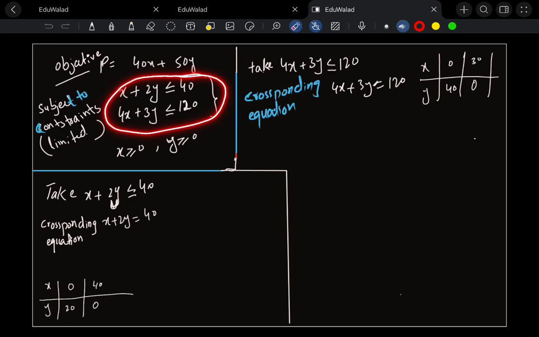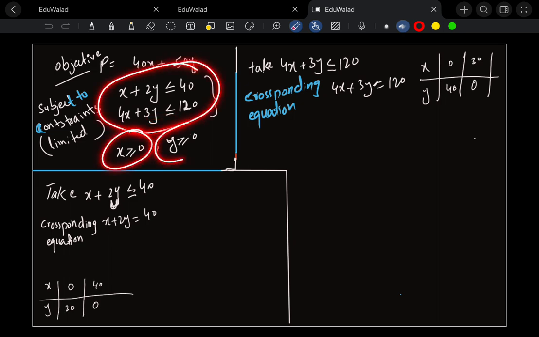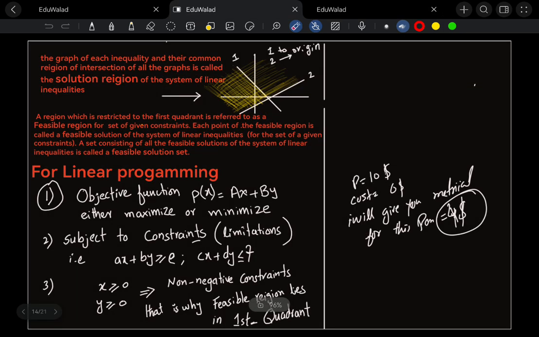These are all our limitations: 1 hour for a table, 2 hours for a chair, and 40 hours maximum. For finishing, 4 hours for tables and 3 hours for chairs, so the maximum is 120. Also x and y are greater than or equal to 0. These are the non-negative constraints.